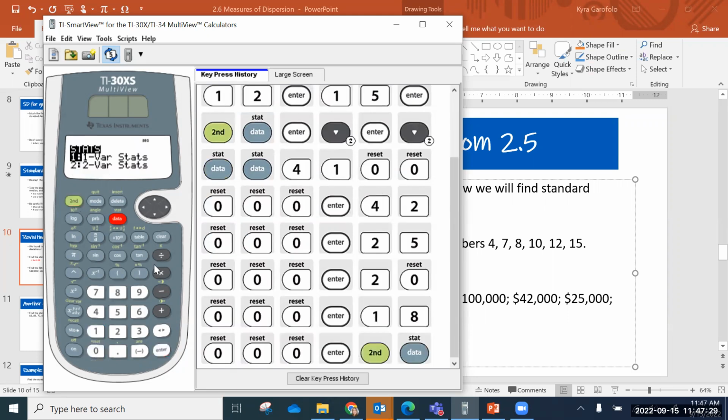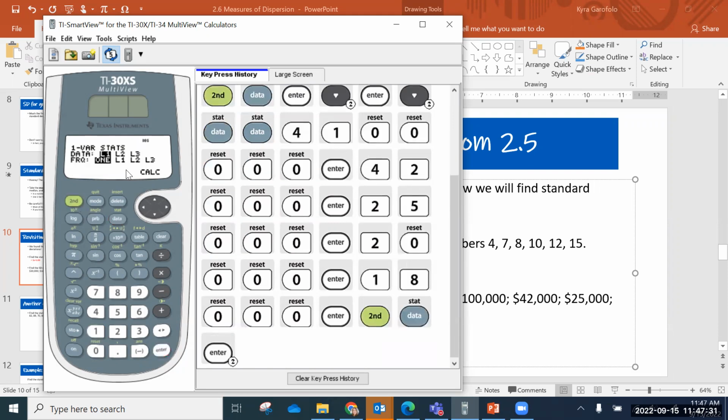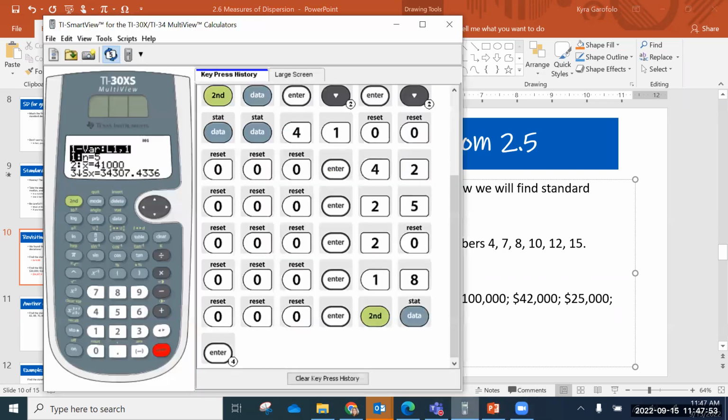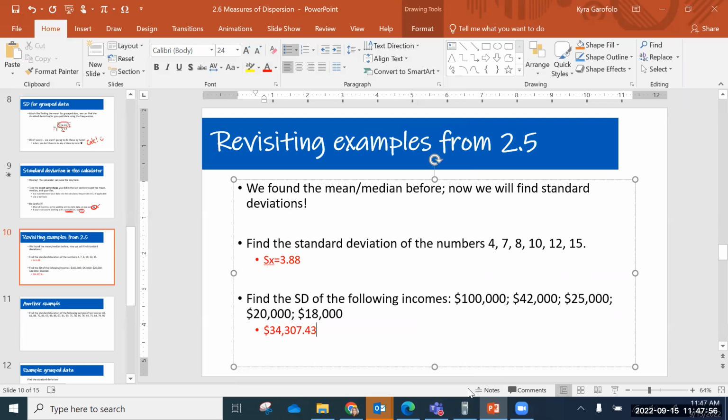We're going to go to one variable stats. Everything's good because we don't have a frequency distribution. And we see that ours is somewhere around $34,307. So 34,307.43. We want to do it in cents because that would probably make the most sense, since we're talking about dollars, right? We're going to assume a sample here.